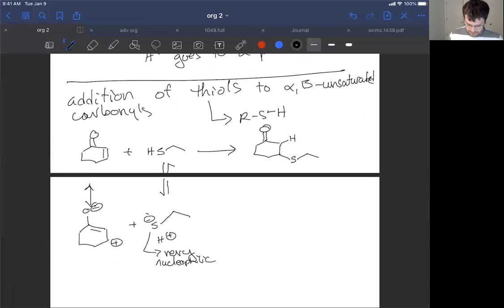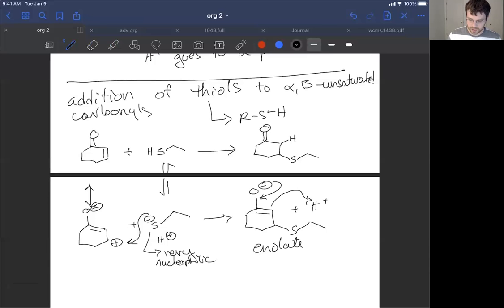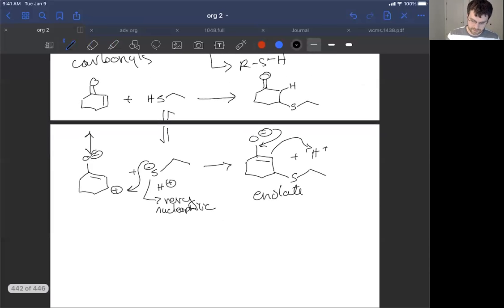Okay, anyway, negative is attracted to positive. And sulfur, being just down a row in the periodic table, highly polarizable element, very nucleophilic, provides a large opportunity to donate electron density into electrophiles. Okay, so there is our enolate species, which then adds to H plus and goes right to product.